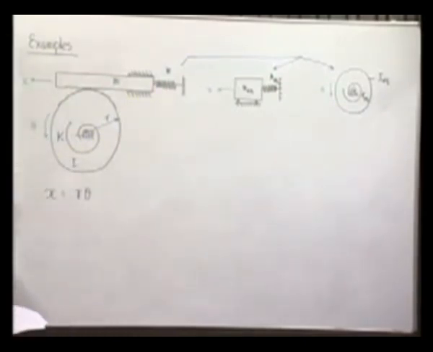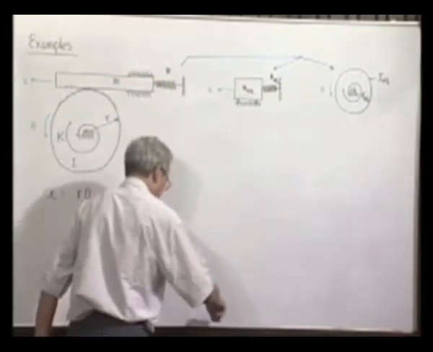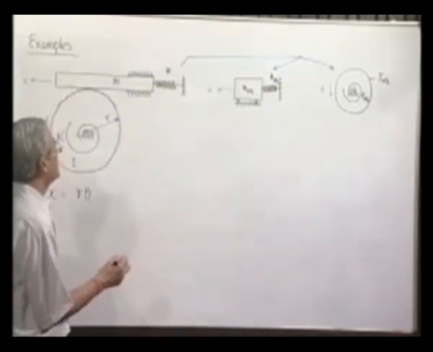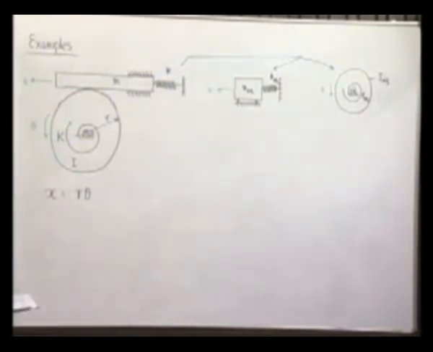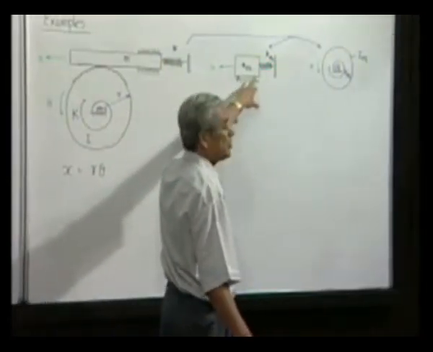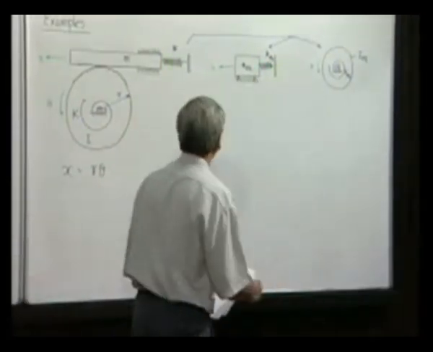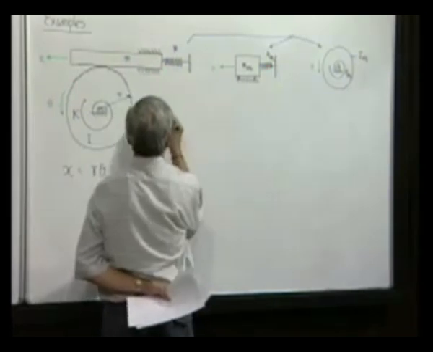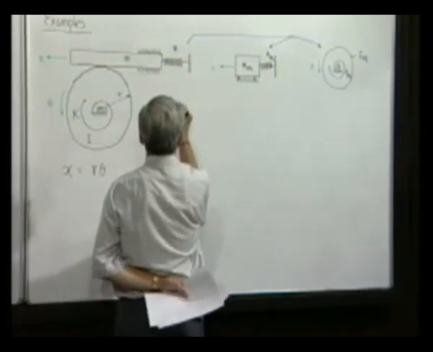Now, what will be these values of m equivalent and k equivalent? As I mentioned, the equivalence in the case of mass is determined by the total kinetic energy of the system and the kinetic energy of the equivalent system, which should be the same. What is the kinetic energy of the original system?